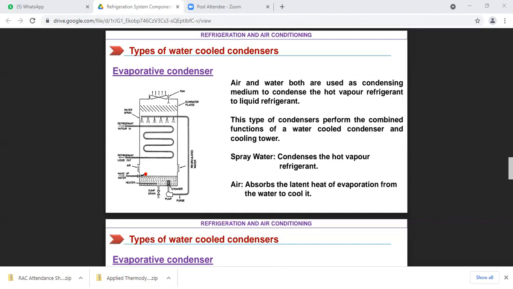A fan draws the air in through the condenser and discharges it out at the top of the condenser, and the air passes over the water surface and condensing coil, causing evaporation and absorbing the latent heat of evaporation. So the cold water drops over here, and an exchange of heat occurs.